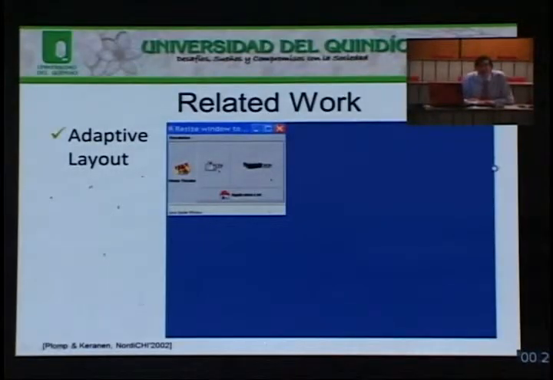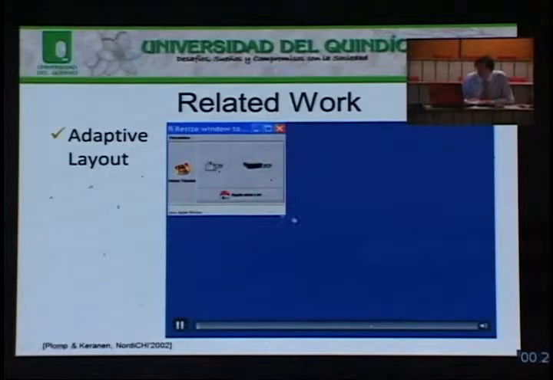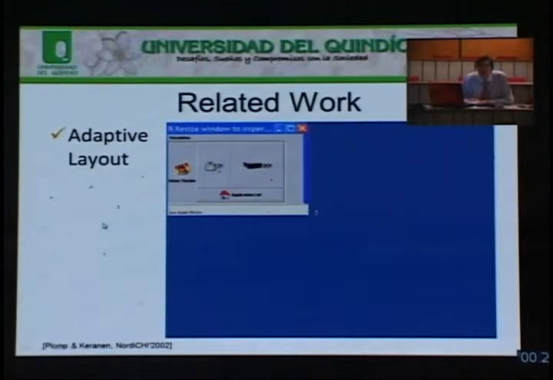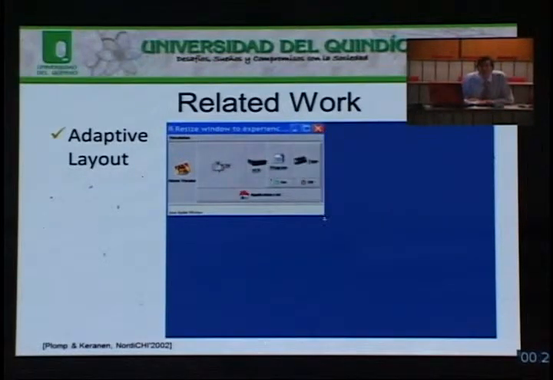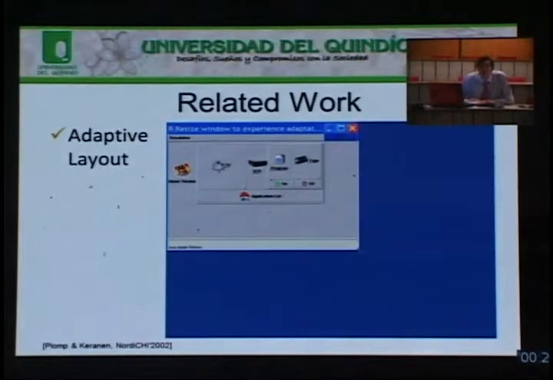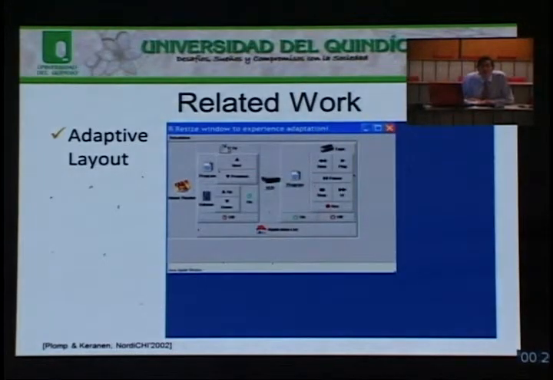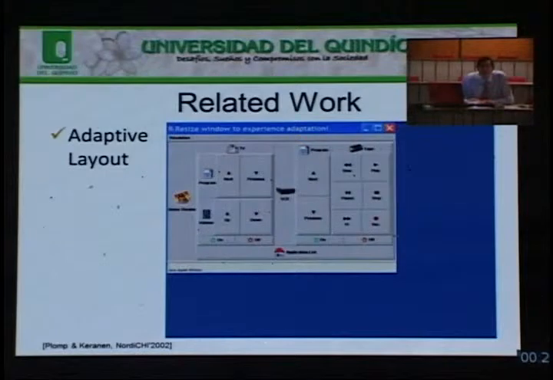Another example of animation is to ensure a transition between different screens. In this example, you will see how the user interface will change with animation of the content. So while I am enlarging the window, you can see more options, more buttons, more commands.